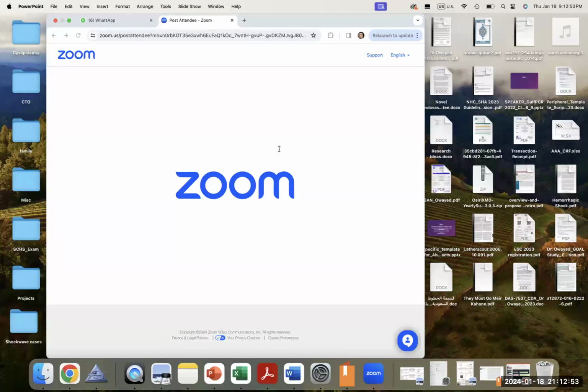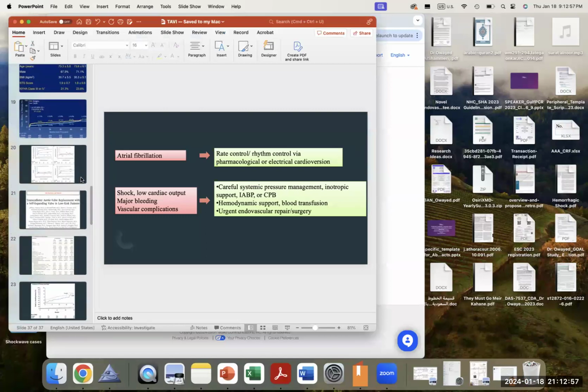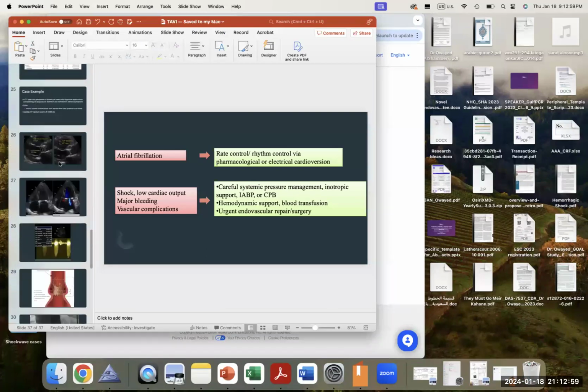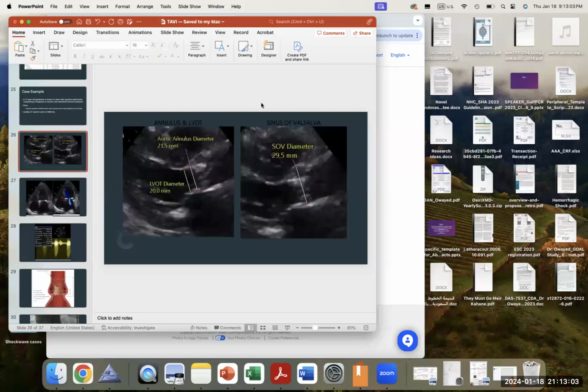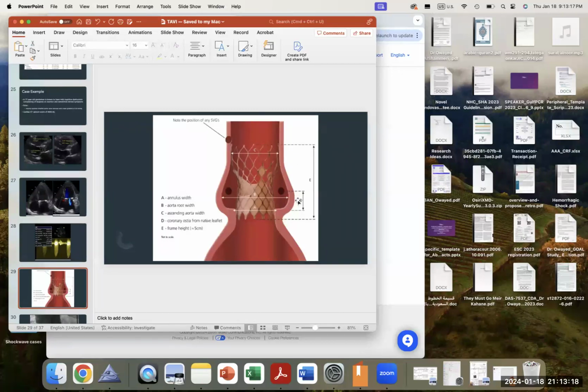Yeah, so the same thing as I mentioned here: the aortic annulus, LVOT diameter, the sinus of Valsalva diameter, coronary height, and the ascending aorta, and also the whole track.